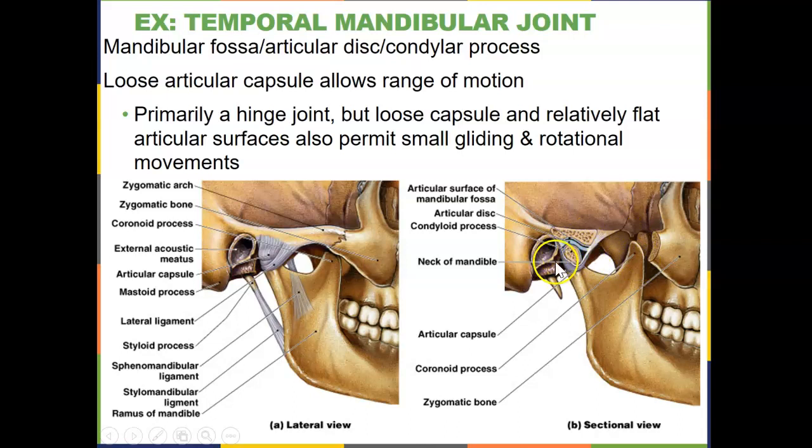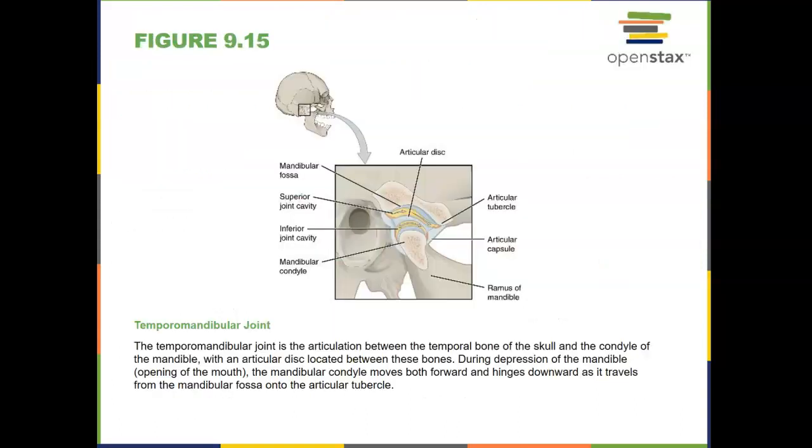And when that happens, sometimes you can hear a pop, and that is typically going to cause inflammation inside the joint itself. Here's the condyloid process right here. Here is the articular disc, and if that articular disc gets damaged, somebody can actually end up with osteoarthritis in the mandibular joint. Very, very uncomfortable.